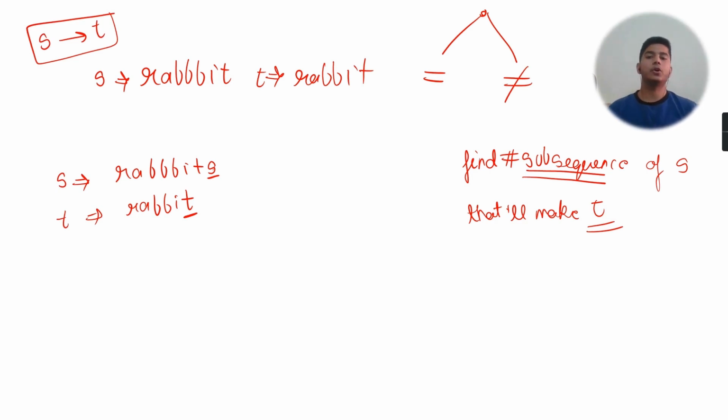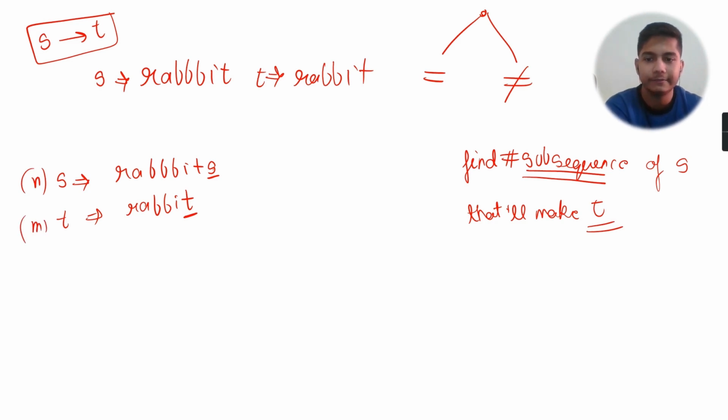In t I cannot do any operations, and I will take an element of t if and only if the element in s is equal to it. Let's say the length of s is n and the length of t is m.